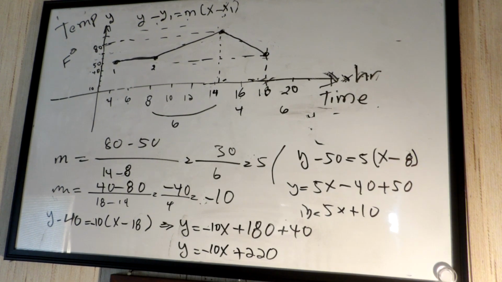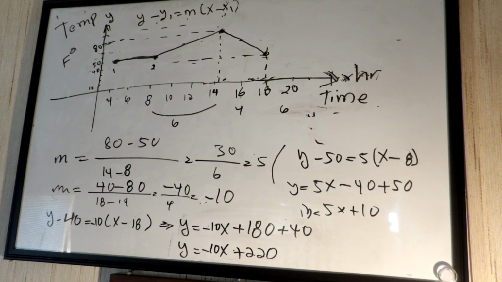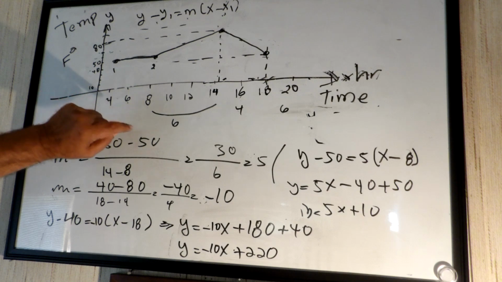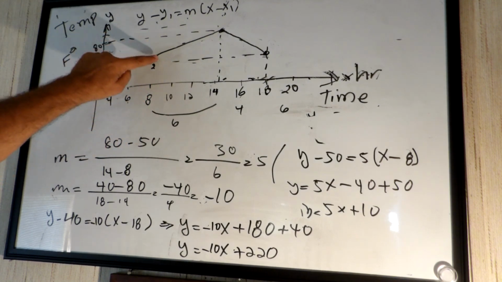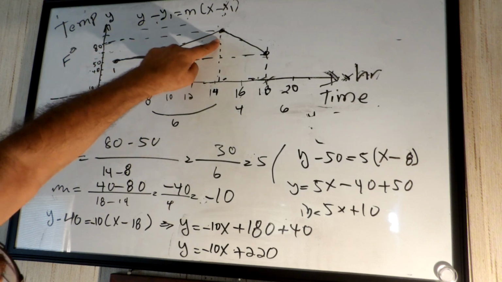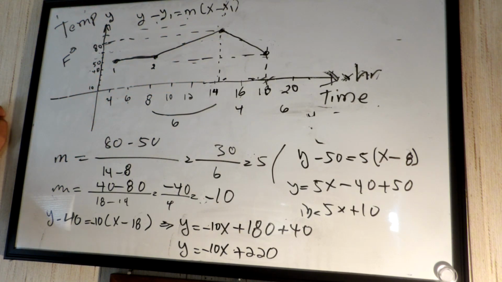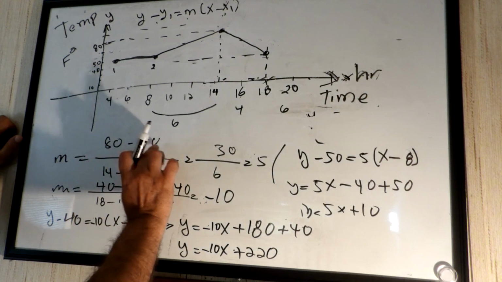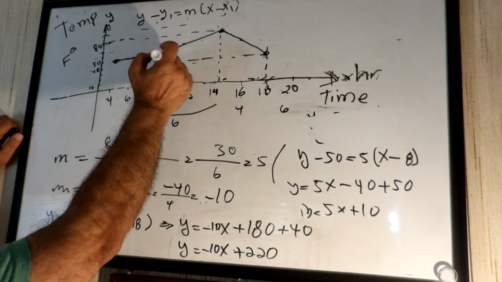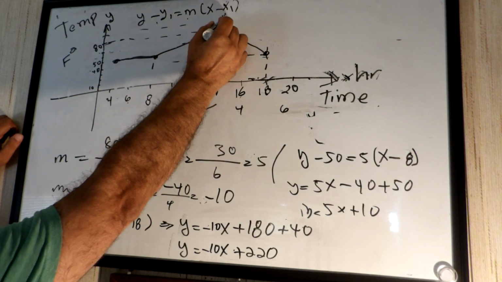Now let's find the equation of this line from 8 o'clock in the morning to 14, or 2 p.m. We go from point 1 to point 2.